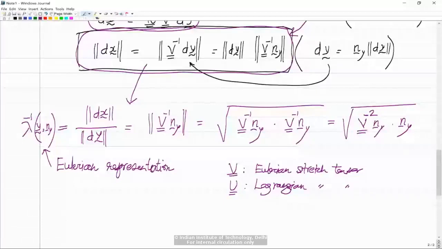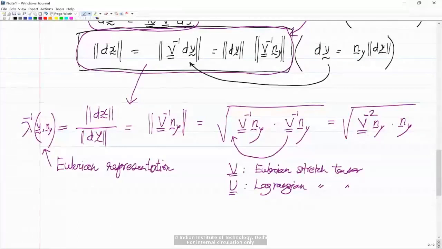You see, how did I do it? I bring this V inverse on the other side, then it becomes V inverse transpose. But V being a symmetric tensor, V inverse is also a symmetric tensor, and therefore V inverse transpose is same as V inverse. And therefore you have here V inverse into V inverse, which is V inverse square.